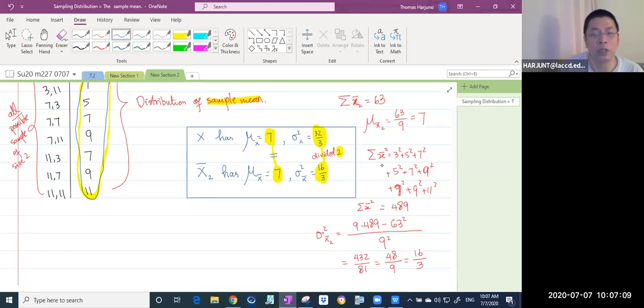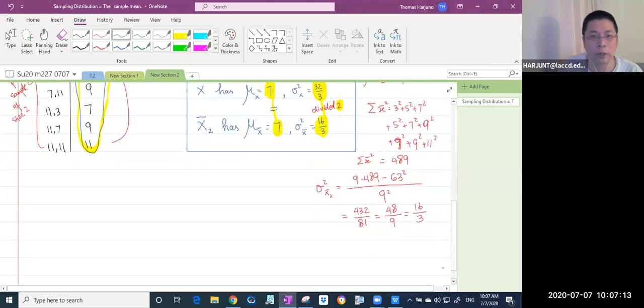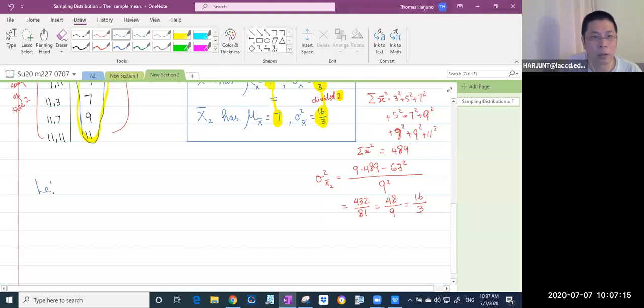The conclusion that I want to make here is the following. Let x have the mean mu sub x and variance sigma squared x.